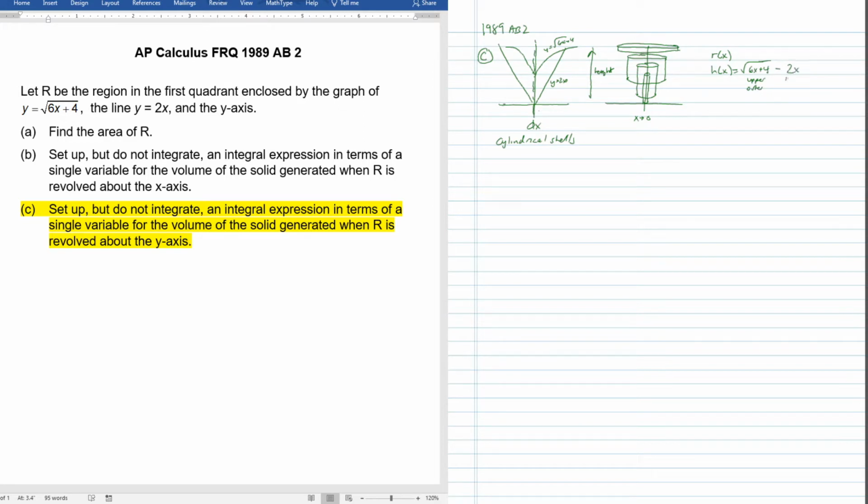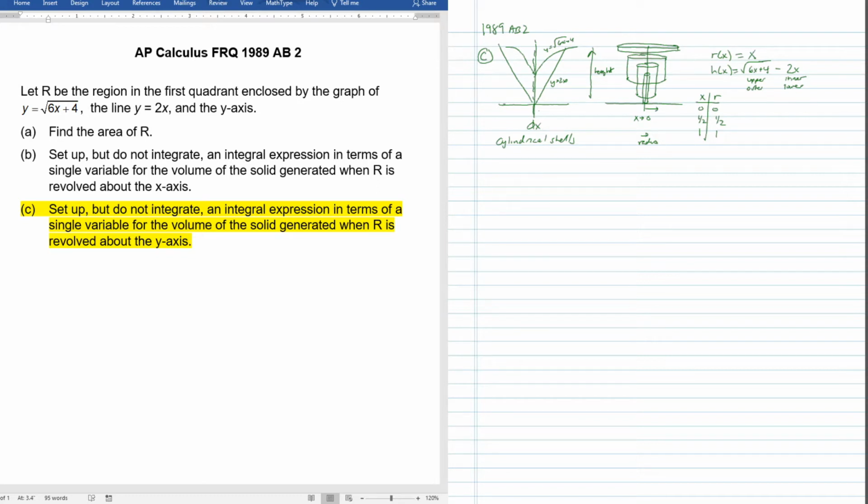That's my inner, or lower. I also realize that when x was 0, I had 0 radius. If x was a half, my radius was a half. When x is 1, my radius is 1. Therefore my radius is x.